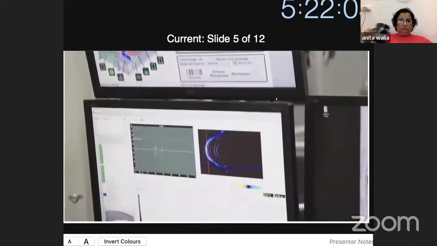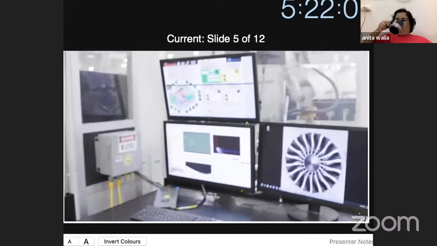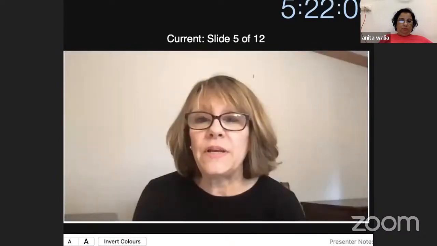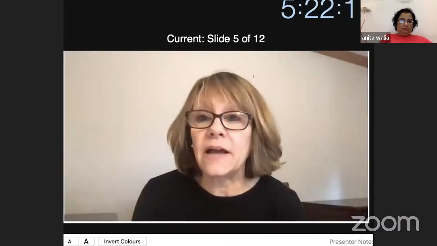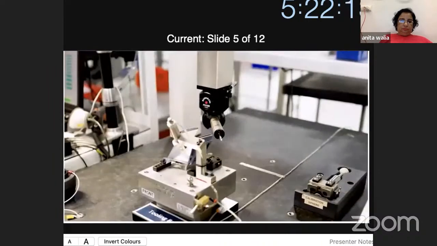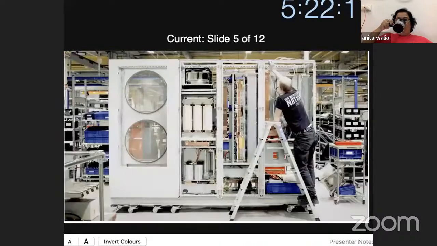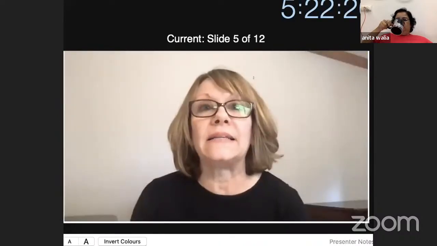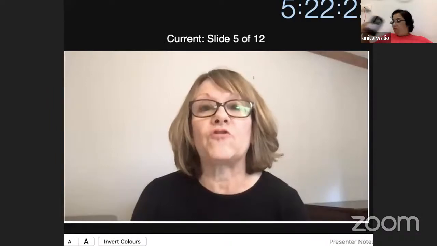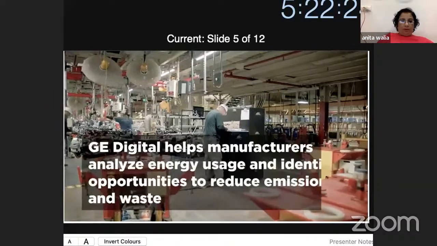How can I trigger my operations to be more efficient ahead of the game? That could be for a specific production line, for a full plant, or even across their entire enterprise. It's pretty exciting for them to be able to apply analytics and be more in control of what's going to happen.